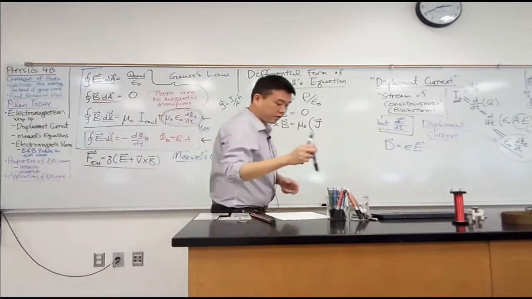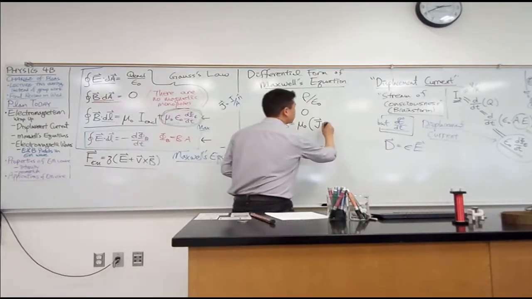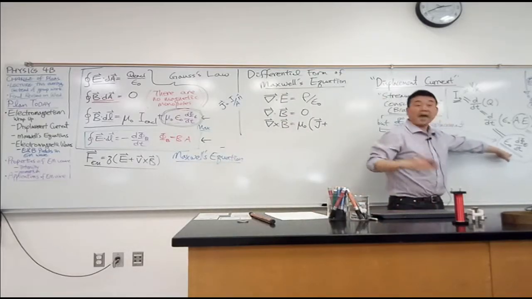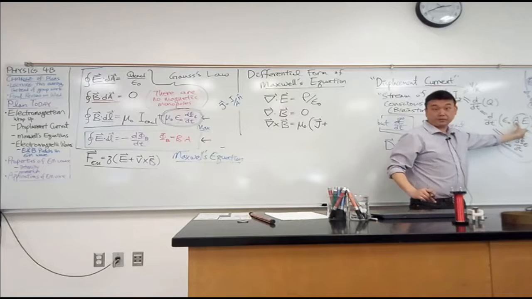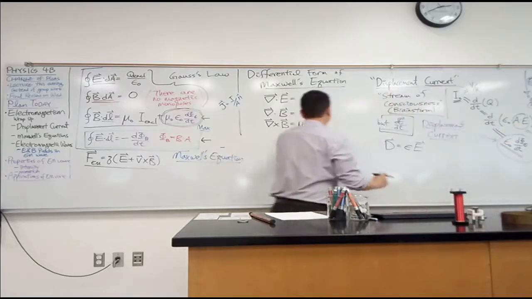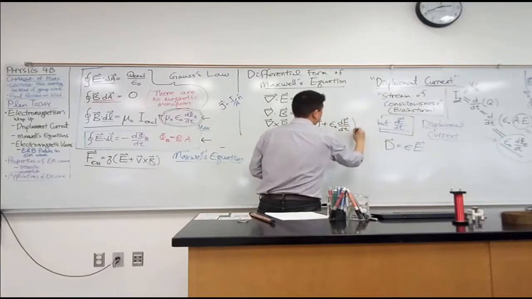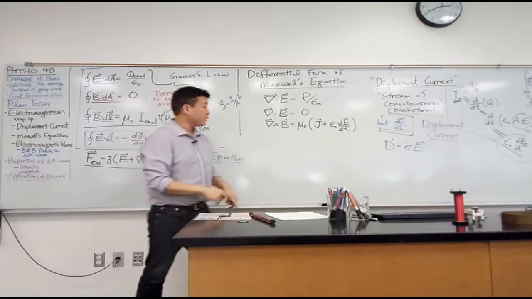Okay? So that's the current density. Plus, we need this displacement current, except I'm dividing out area anyway. So this is going to be epsilon naught times the rate of change of electric field. And I can leave the vector term as it is.